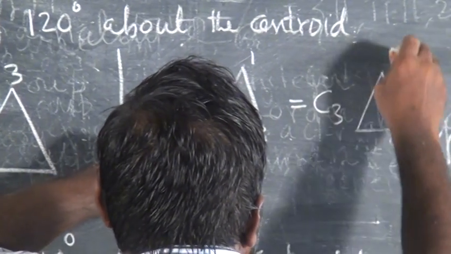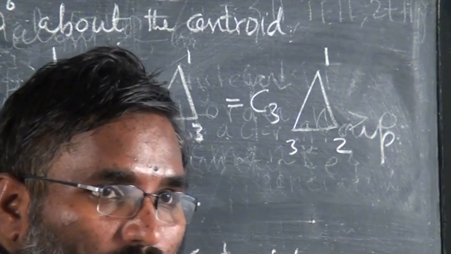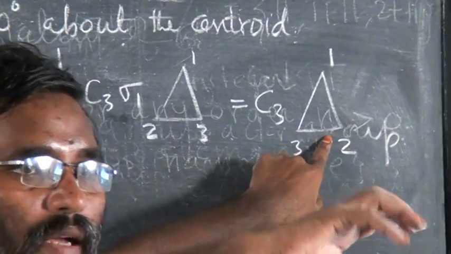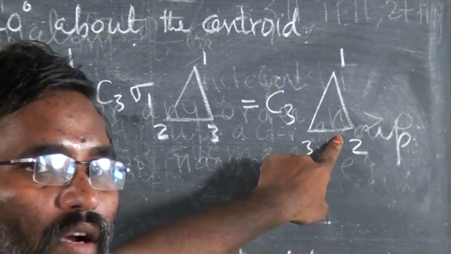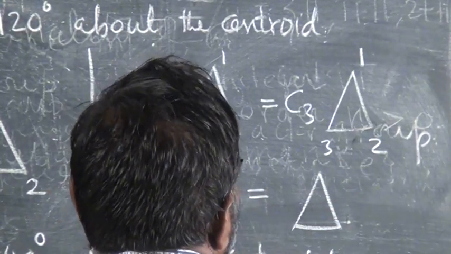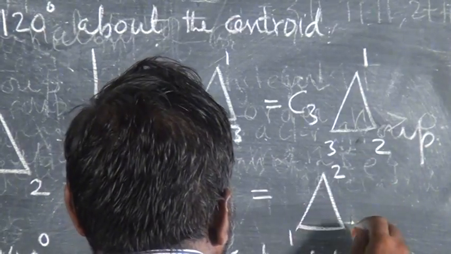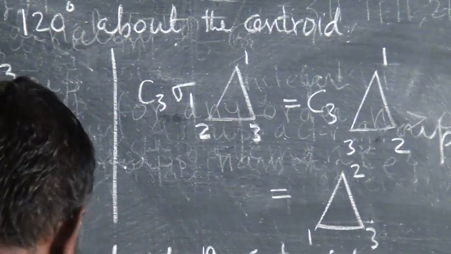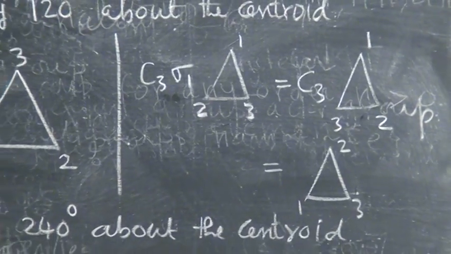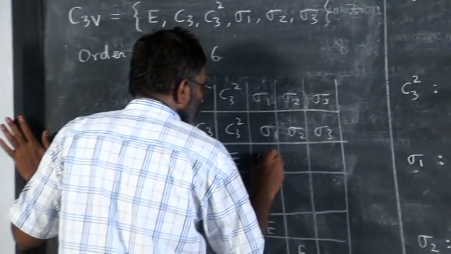This will make this 1, 3, 2, correct? Now, what will C3 do on this? Rotate by 120 degrees counterclockwise. So, 3 will come here, 2 will come here. So, 2, 1, 3. Now, which among these is 2, 1, 3? Sigma 3. Correct? So, C3 times sigma 1 is sigma 3.